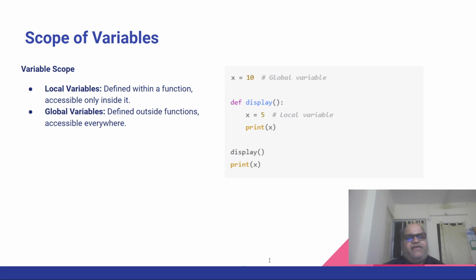So in this particular case, let me illustrate it. This is the global variable x equal to 10, right? Inside the display function, you have defined a local variable x equal to 5. In this particular case, usage of x within this will be as per the local one. So x equal to 5 is the overridden value, and that will be used.